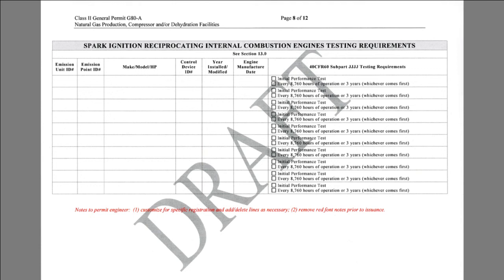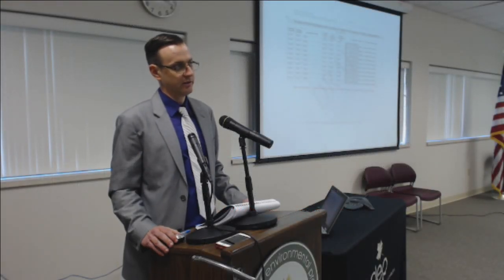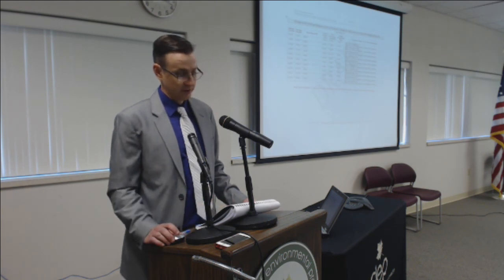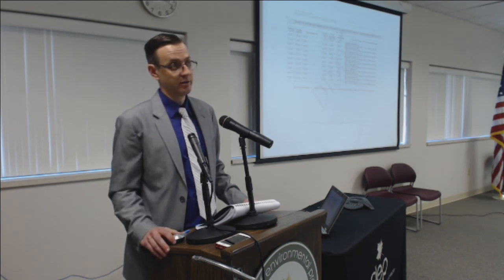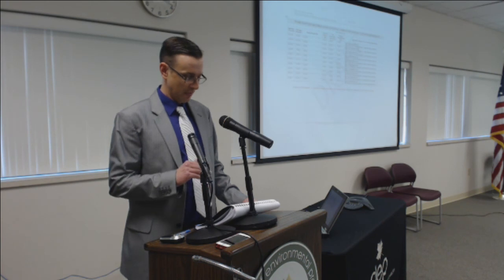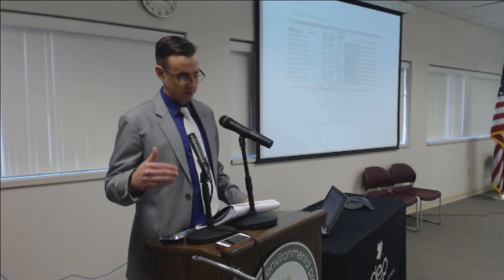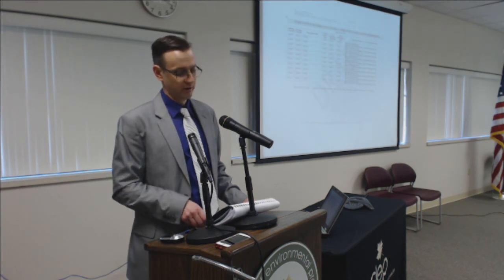This is so you guys, not that you don't already know this, because I know that compliance plans are developed and you know that you have to test these engines, but it's just a reminder that for this particular engine you have to do an initial performance test, and then every 8,760 hours or 3 years, whichever comes first. It's also a reminder to enforcement staff that when they go out and check these records, they can go back and look at the last time these engines were tested and whether or not the requirements are being met.